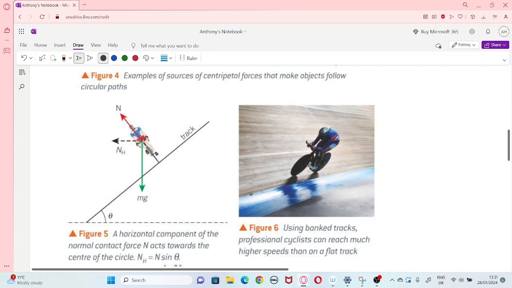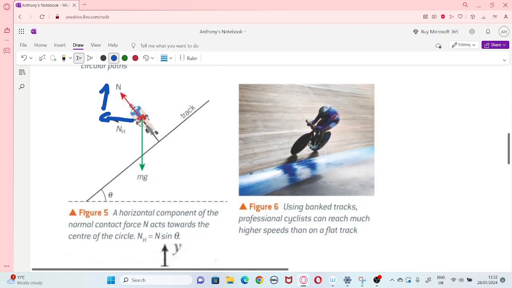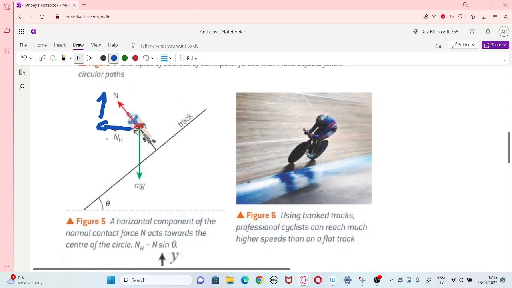Well, there is a normal contact force, also known as the reaction force, which acts at right angles to the surface, shown by N. Since the normal contact force is at an angle, there'll be a horizontal and vertical component of this normal contact force. The horizontal component will act towards the center, and this will give us our resultant force. You can see our horizontal component will be N sine theta.